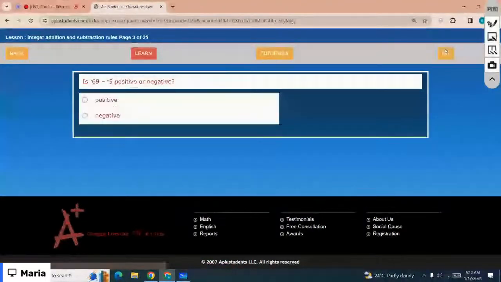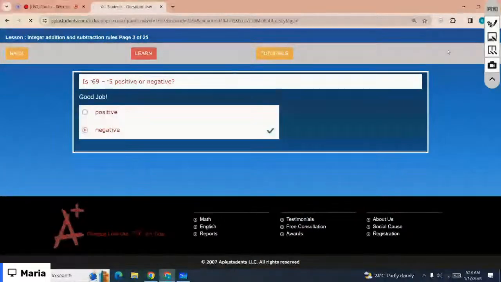Okay, the next one is negative 69 minus negative 5, positive or negative? Which is the correct option? Answer must be negative. Got it? Okay, is 6 plus 4 positive or negative?